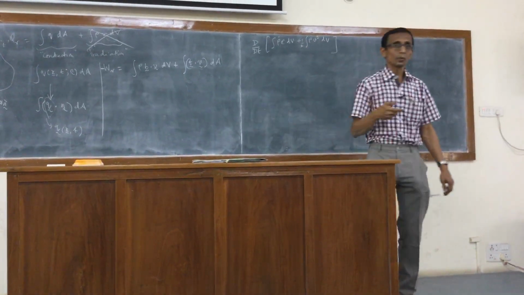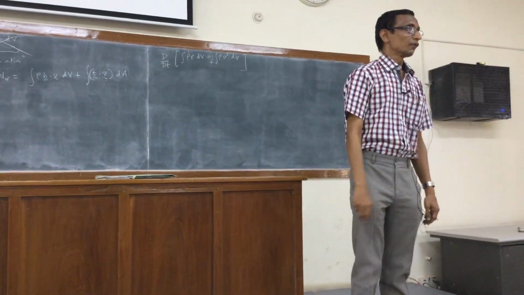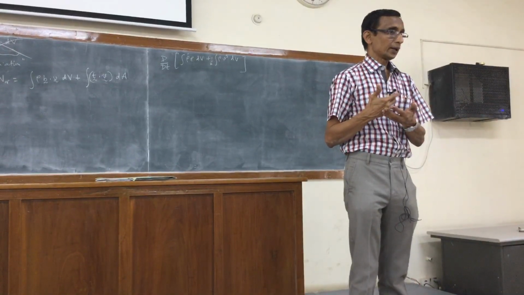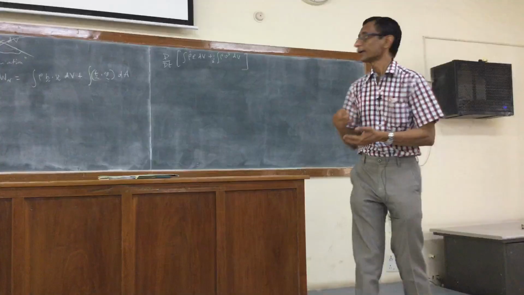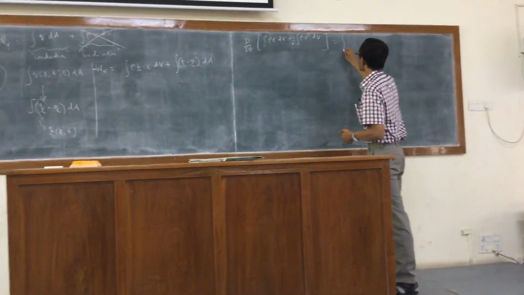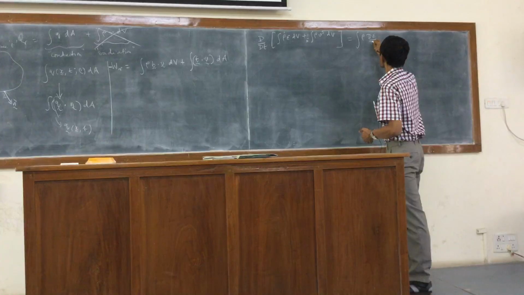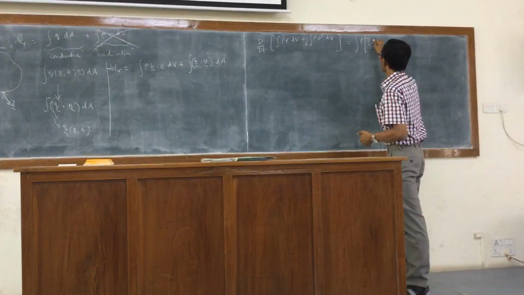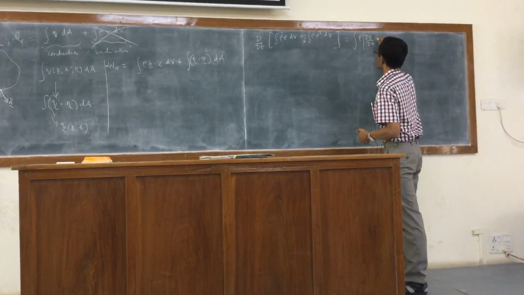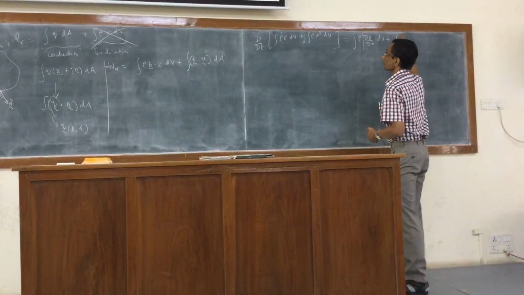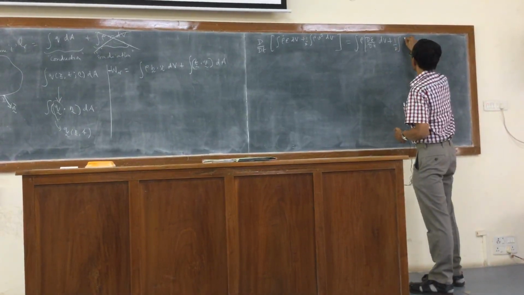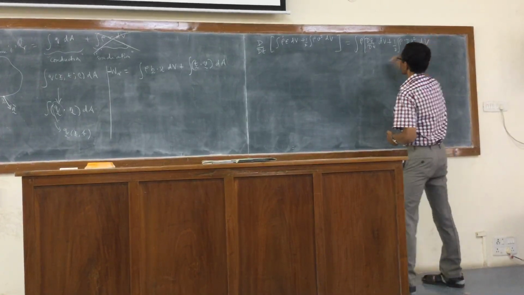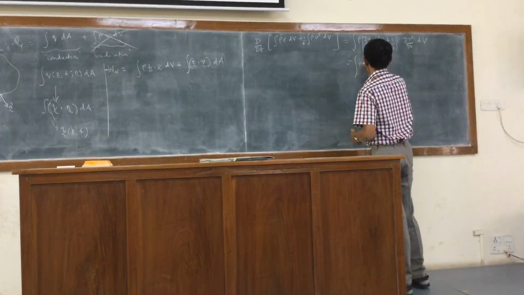Using a particular form of the Reynolds transport theorem, which refers to the substantial derivative of an integral in which rho is one of the factors in the integrand, I can write this as the integral of rho d epsilon by dt, let me write it first separately, plus the integral of half rho d v squared by dt, which can now be written as the integral of rho d by dt.